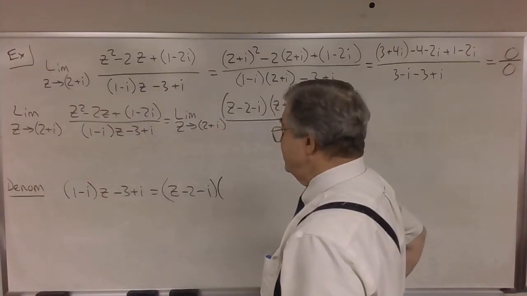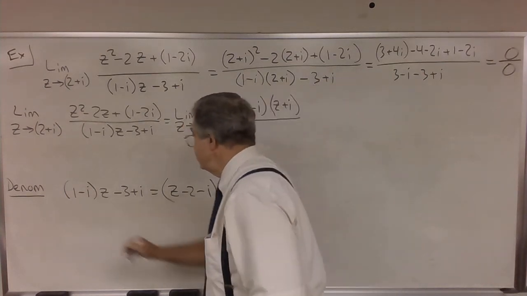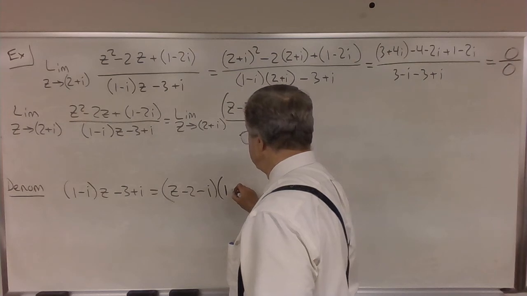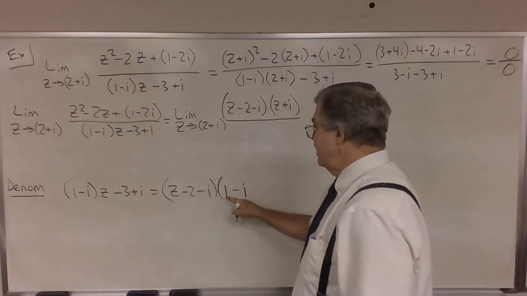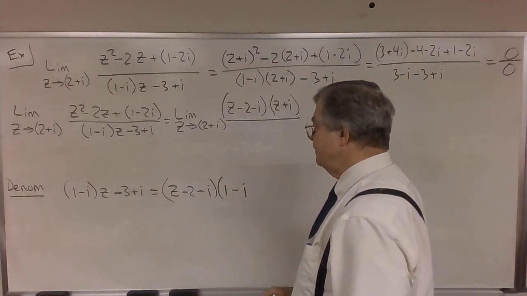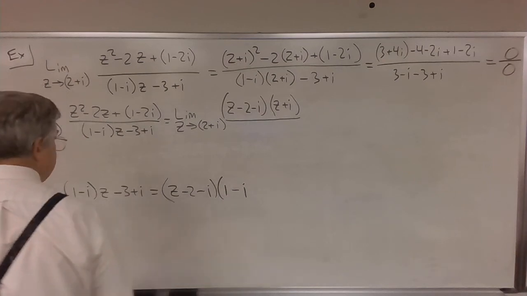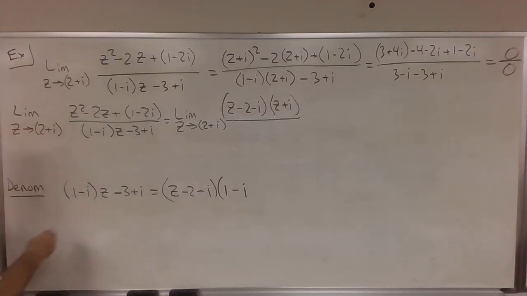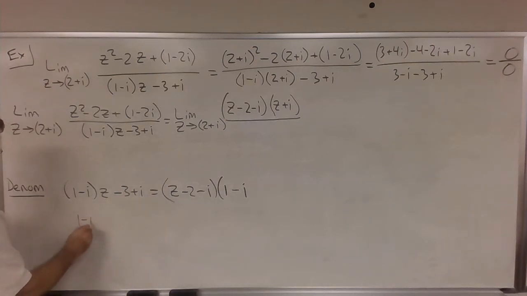Now, what do we have for coefficients of z? We have 1. We have minus i. So I've got to have a 1 here and a minus i here. And this gives me 1z minus iz.